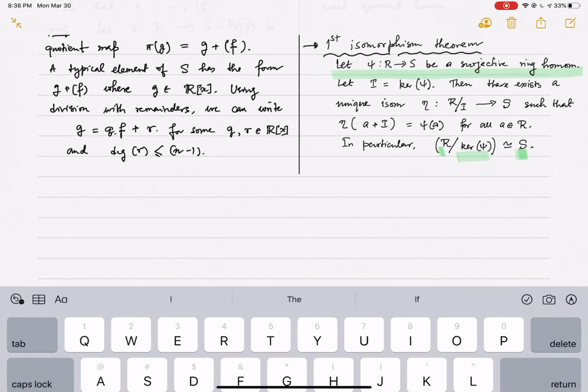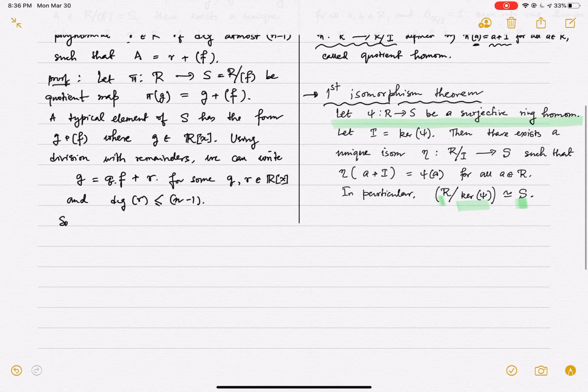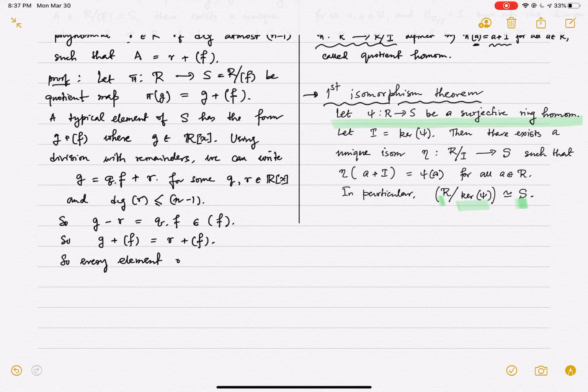Claim. So notice that G minus R is a multiple of F. So this lives in the ideal generated by F. So G is congruent to R mod F. So the coset of G is the same as the coset of R. So every element of S has the form R plus F for some R of degree less than or equal to n minus 1.